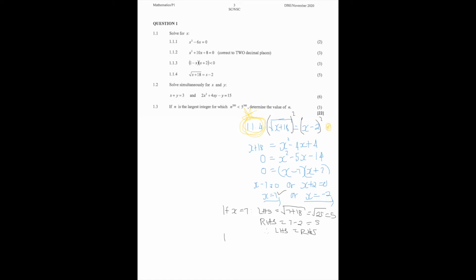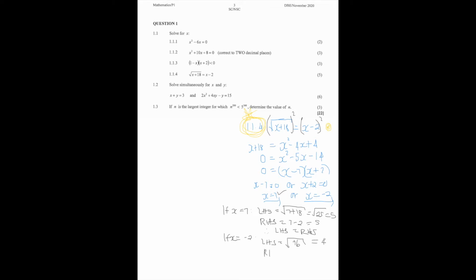Then if x equals minus 2, the left hand side will equal the square root of minus 2 plus 18, which is 16, which equals 4.